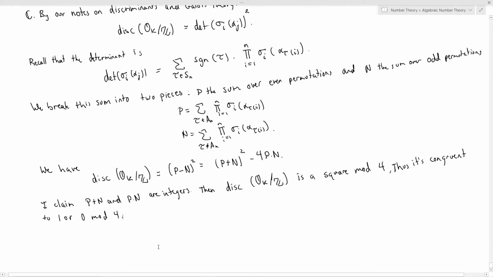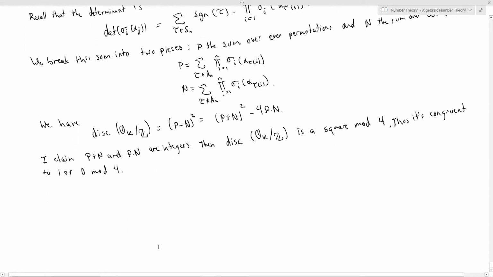Okay, so it remains to show that P and N are actually integers here.